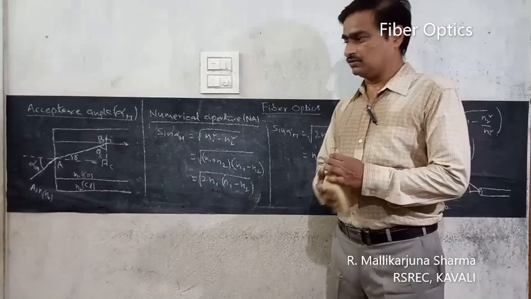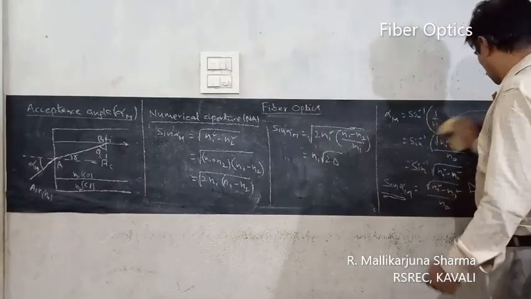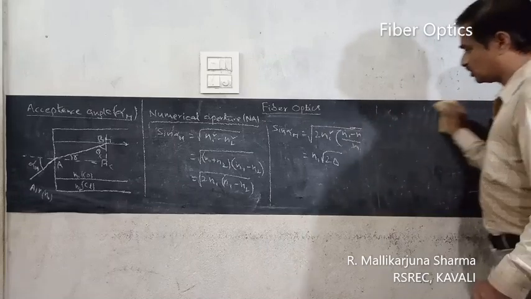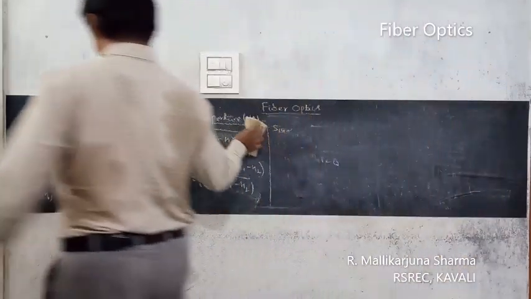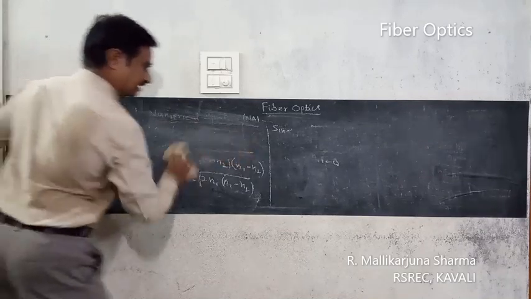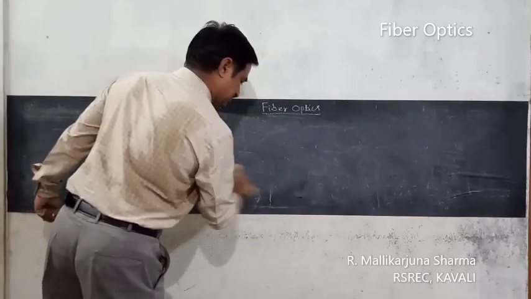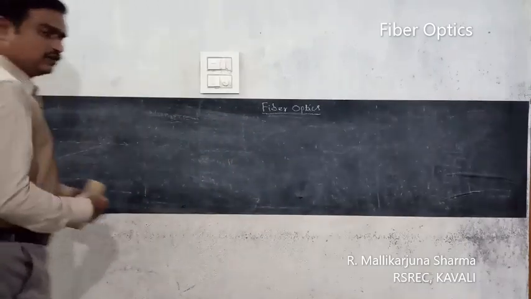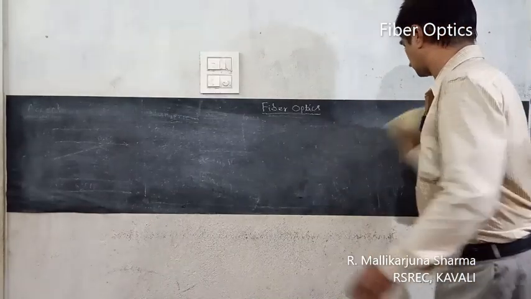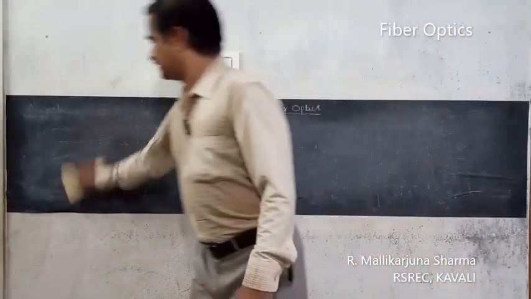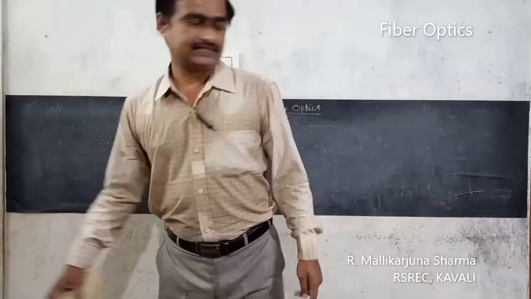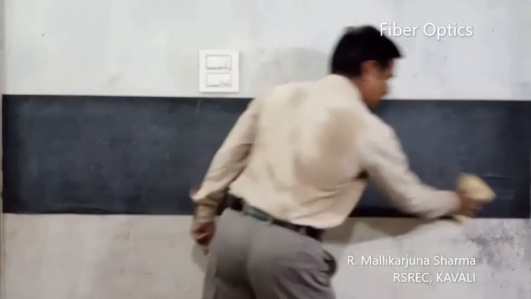Now we are going to study the different types of classification of these optical fibers. Mainly, we are going to concentrate on two types of classification. One is based on refractive index profile, and the second one is modes of propagation of light waves.